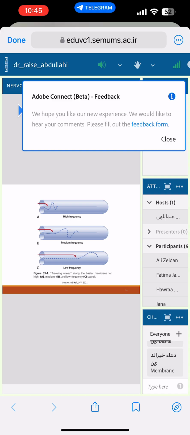And as you can see, different parts of the basilar membrane react best to different frequencies of sound, because the basilar fibers which make up these parts are shorter and stiffer, so high frequency vibration acts here, middle frequency waves act here, and low frequency waves are represented better at the tip of the basilar membrane, also known as the helicotrema.